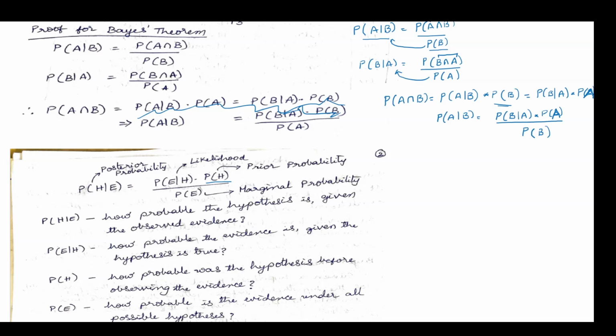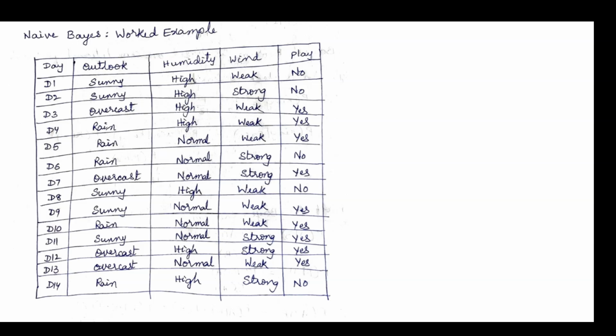Going ahead. Now let us see how naive Bayesian classification works.